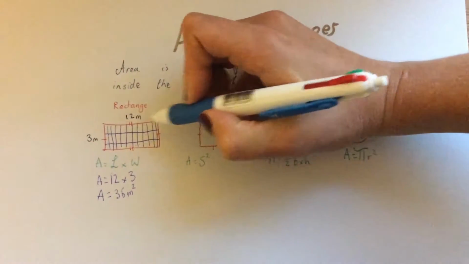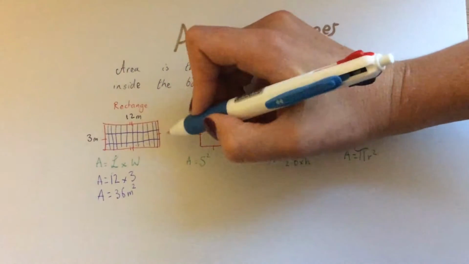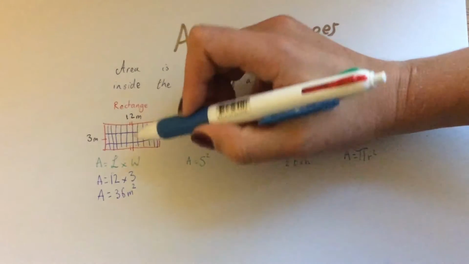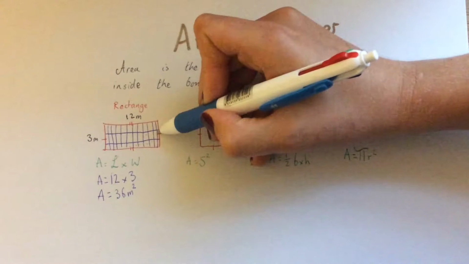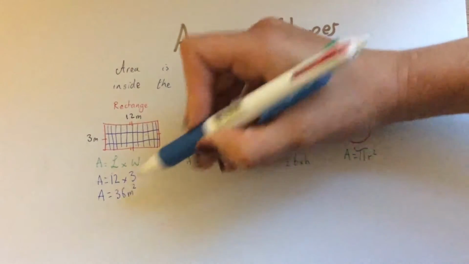Okay, so very interesting wonky drawing. However, if you pretend that these were equal, and even if they weren't equal, if we counted every single square in here, we would get 36.